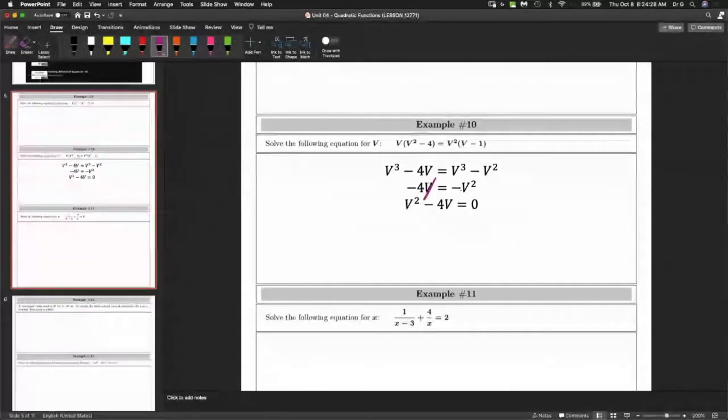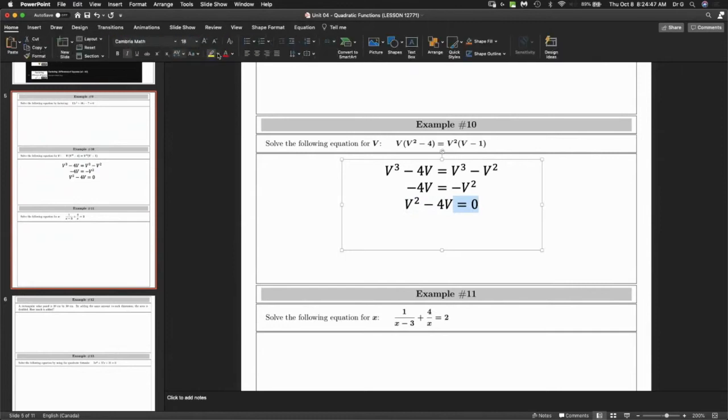Don't do this. Don't cross out the v's like that, the v and the v squared. That's a bad idea because you're throwing away one of the solutions. You should always try to factor when you have expressions. So if you're wondering how do I solve such questions, your goal should always be to make it equal to 0. You want to make it equal to 0. That's really important.